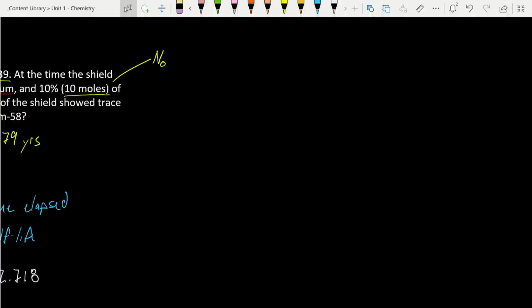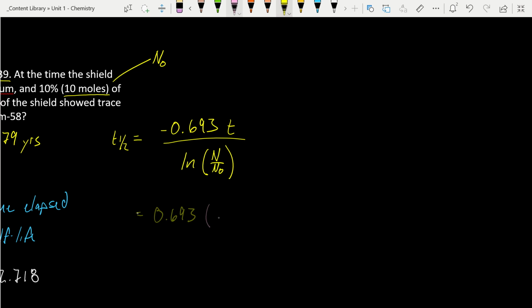And following the algebra that we just did previously, our equation for t half looks like this: negative 0.693t divided by the natural log of n over n naught. So now it's just a matter of putting in the numbers. T, we said, was 79 years divided by the natural log of n, which we said n was the original 10 minus what was turned into titanium, which is the 0.15.